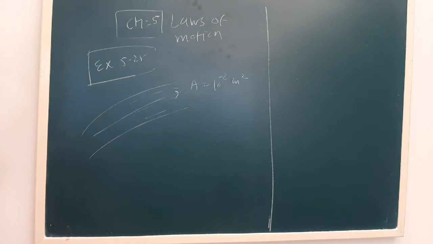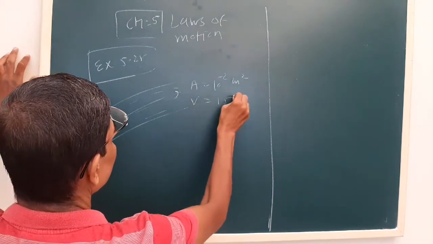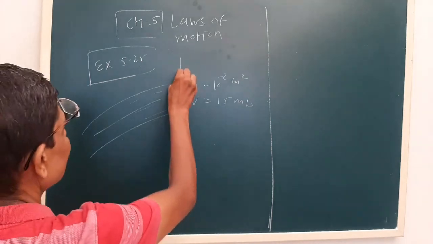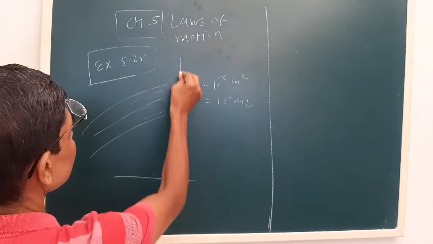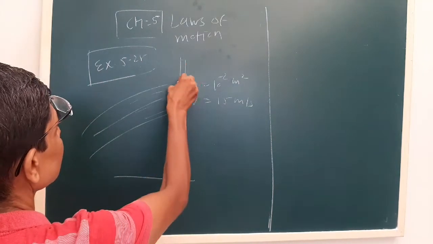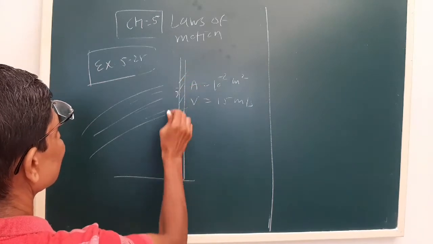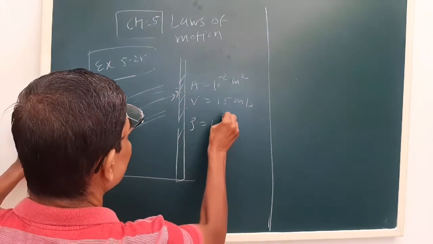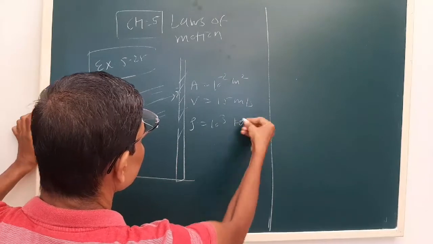Now see, the velocity of the water is 15 meter per second. Now there is a wall, we can say the water collides. So what is the force acting on the wall due to the water? Water density we have to consider 10 to the 3 kg per meter cube.